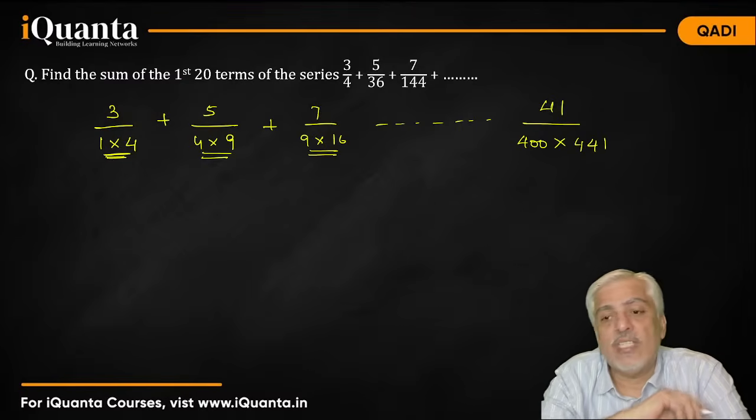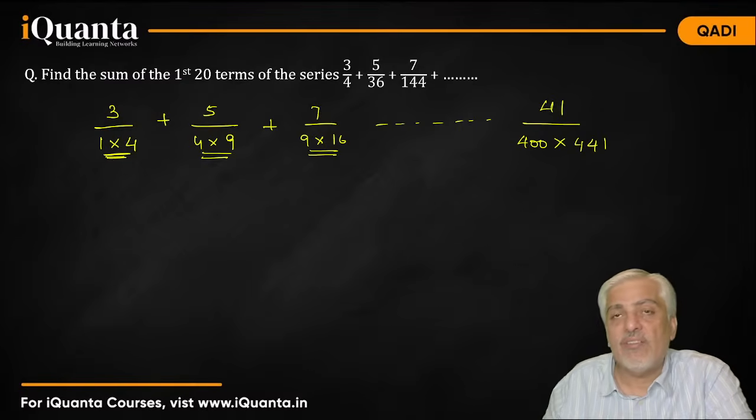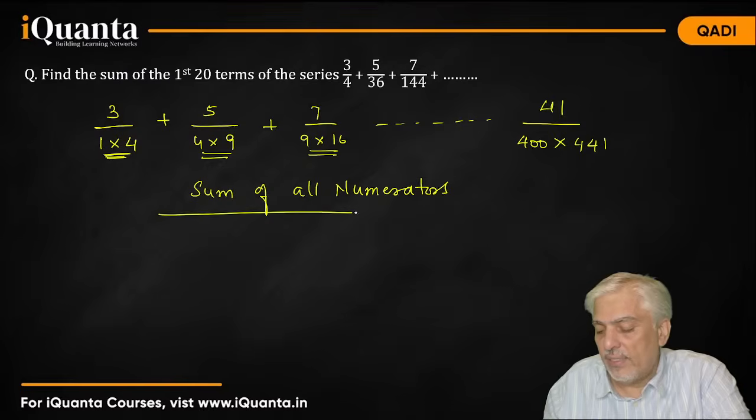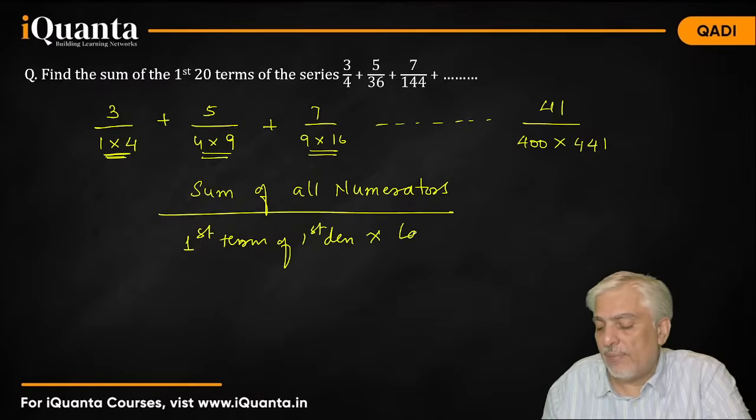After this, anybody who attended my lectures on algebra earlier, I have given this shortcut many times. Whenever you have a series like this, you can take sum of all numerators. Direct method to get the answer: sum of all numerators upon first term of first denominator multiplied by last term of last denominator.